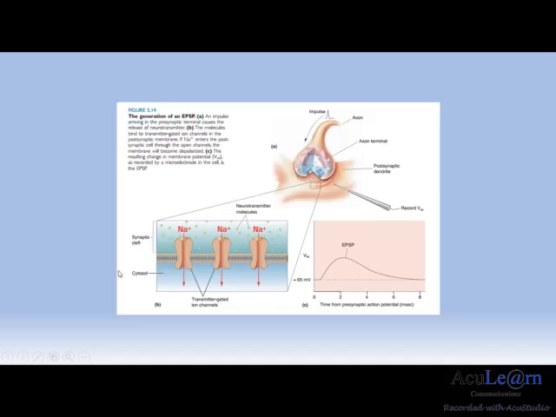In this case, the channel is permeable to sodium ions, and the sodium ions are able to enter the postsynaptic cell, causing a depolarization of the membrane potential, giving rise to an EPSP. This is notably caused by ACh-gated or glutamate-gated ion channels.